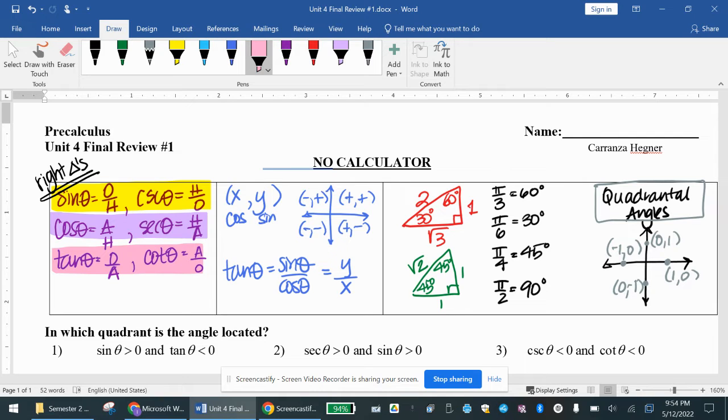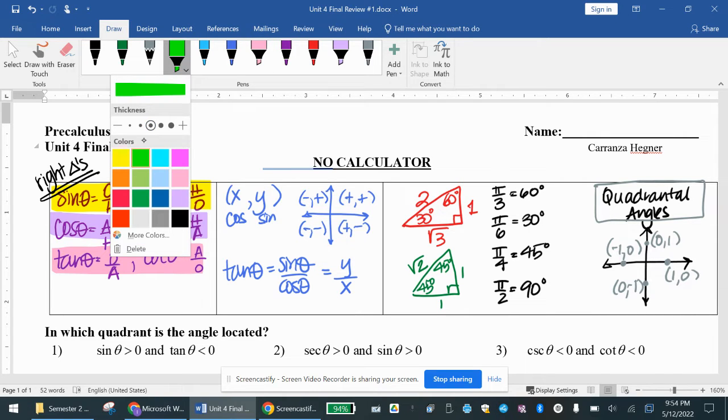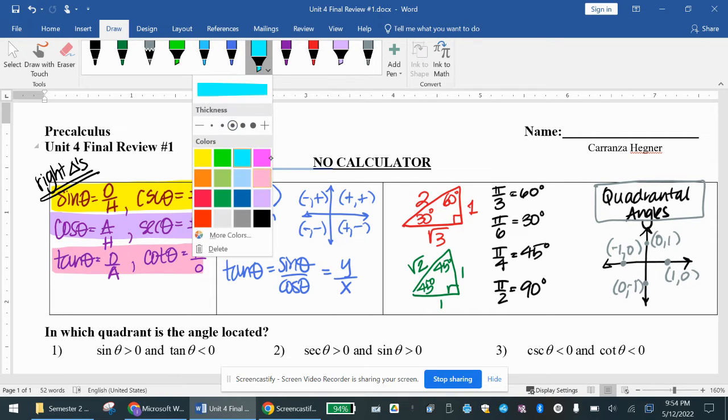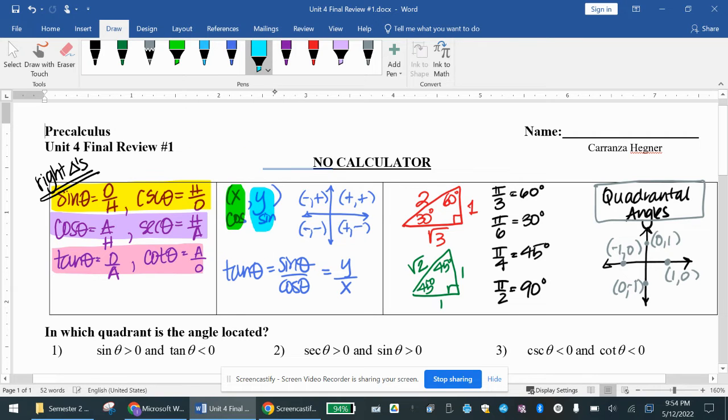Now, after we started reviewing right triangles, we started graphing angles in degree and radian mode on the coordinate plane, on an x and y axis. So we talked about how in a coordinate plane, x represents cosine, and y represents sine, okay?